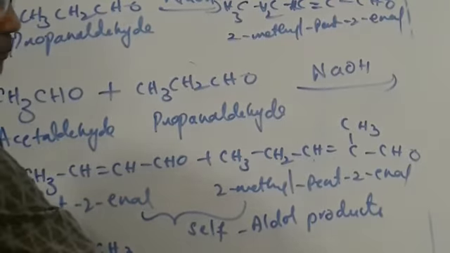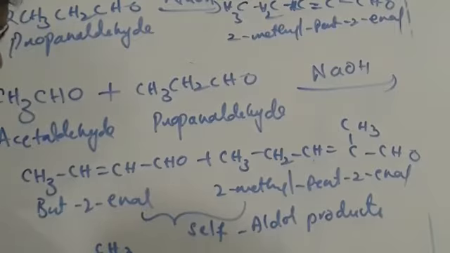So both 2-methyl-but-2-enol and pent-2-enol, these are called cross-aldol products.